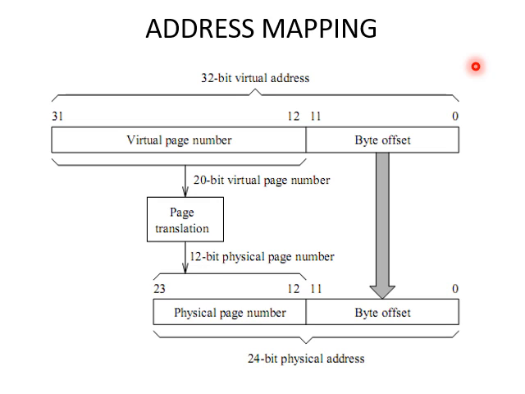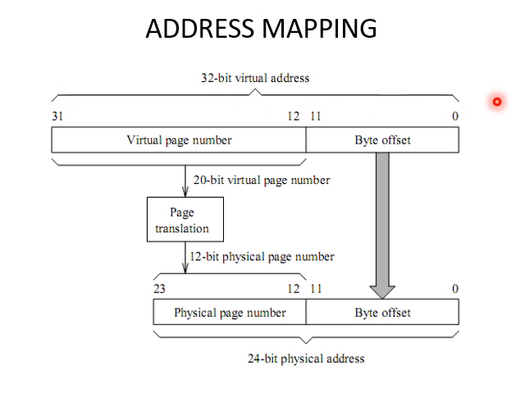So the word field, the location of a word in a block, remained the same irrespective of whether the block was in the main memory or the cache memory. Similarly, here also the location of a word will remain the same irrespective of whether it is in the virtual memory or in the main memory.